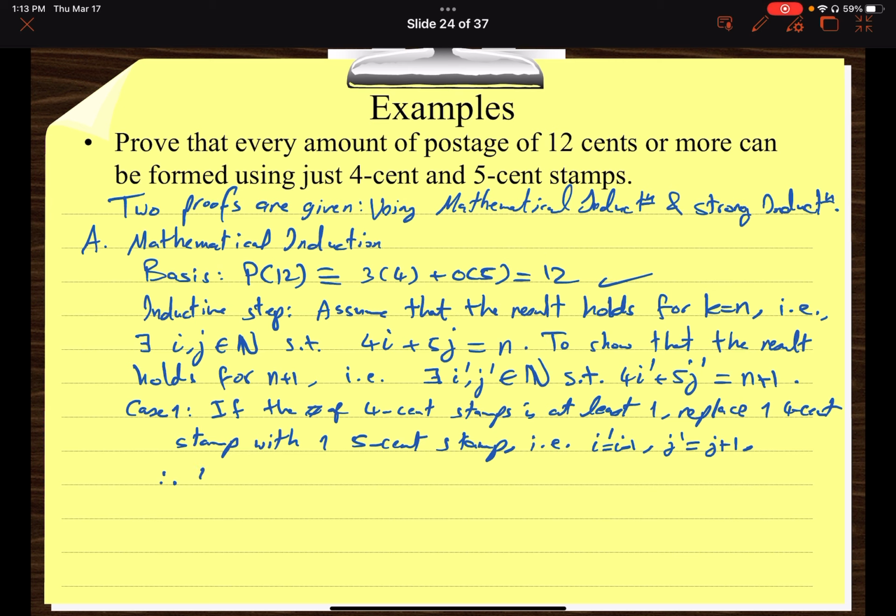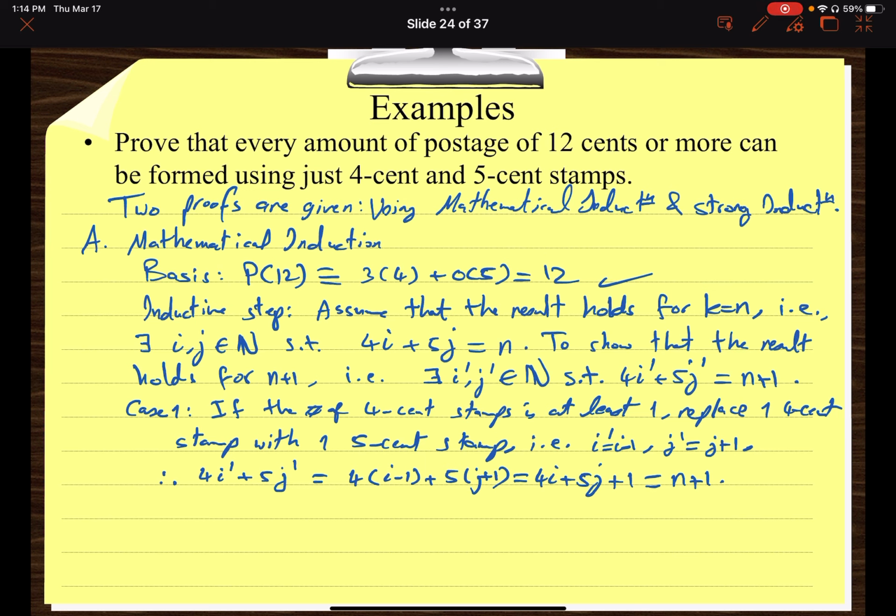So therefore, 4I prime plus 5J prime, what is this equal to? 4 times I minus 1 plus 5 times J plus 1, right? Let's see, what is this equal to? 4I plus 5J, minus 4 plus 5 is what? Plus 1. And what is 4I plus 5J? Isn't this my induction hypothesis? Which is equal to n plus 1. So that's the first case.